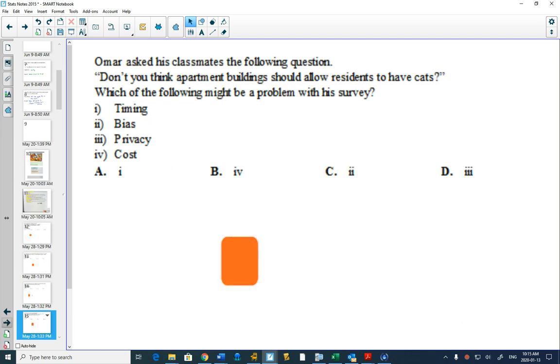Omar asked his classmates the following question. Don't you think apartment buildings should allow residents to have cats? Which of the following might be a problem?